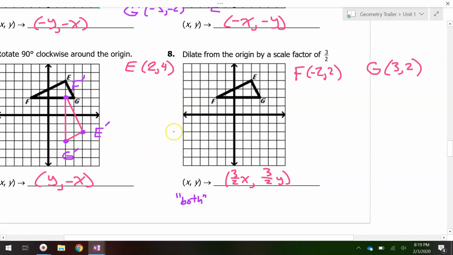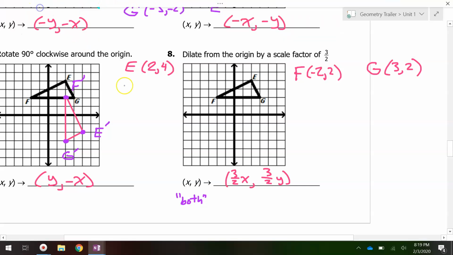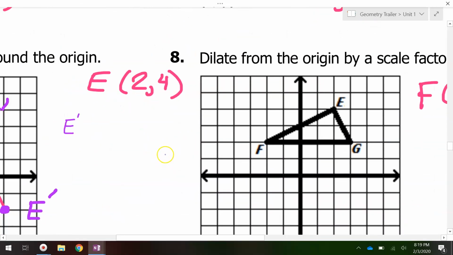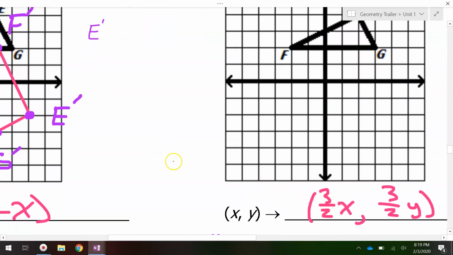I need space because we have to multiply by 3 over 2. And I don't have my calculator right now, so we're just going to do it by hand. But it may take a few steps. All right, so here we go. So if I want to do E prime, and maybe I'll just zoom right on in here. So if I want to do E prime, remember I'm multiplying everything by 3 over 2.